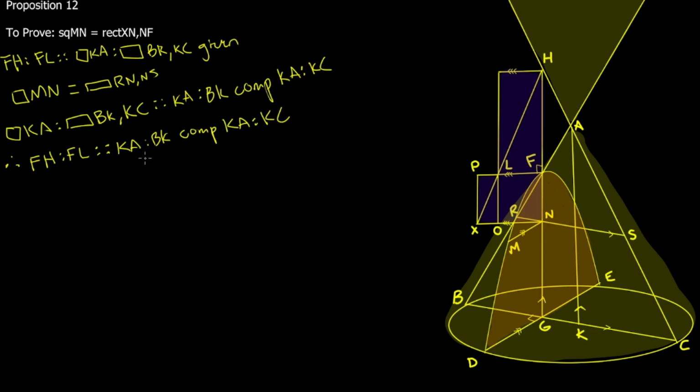Okay, so now we're going to take a look at these two parts of this ratio, and we're going to try to eventually substitute them out. So let's take KA to BK.